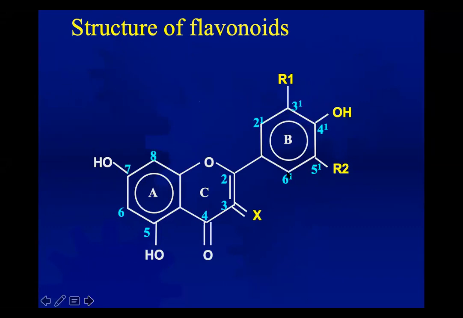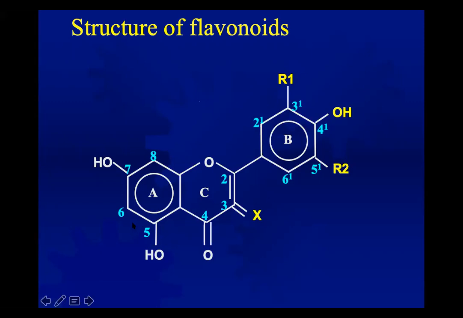Here you see number one is considered, although not carbon. So the numbering in the flavonoid ring starts from 2, from the C ring, 2 carbon, 3 carbon, 4 carbon, 5, 6, 7, 8, and then in the B ring 1 prime, 5 prime, and 6 prime.